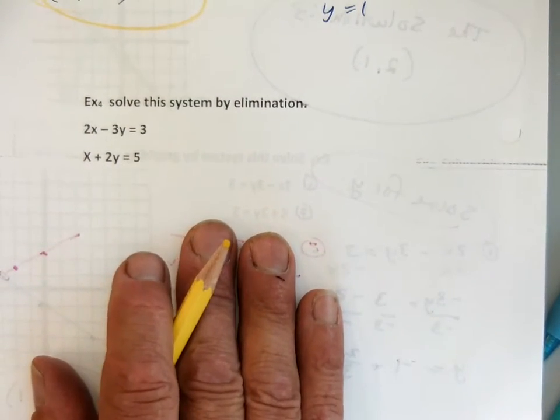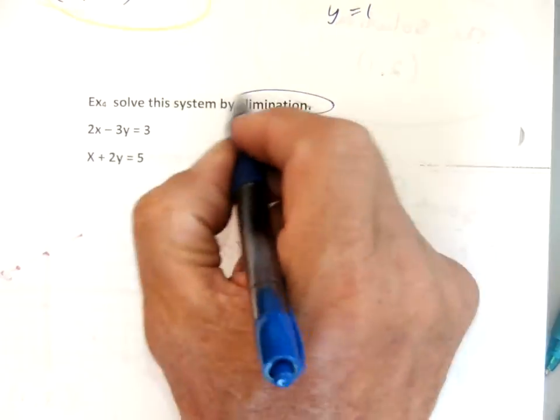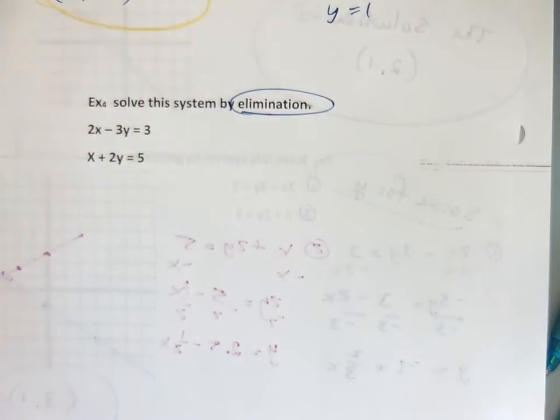Slide it up. Now, the second one, if I want to do it by elimination, I need to make either the y's opposites or the x's opposites. It doesn't matter. We either want to cancel out the x's or cancel the y's, but they won't cancel yet.